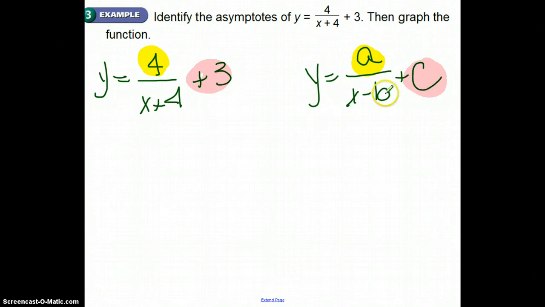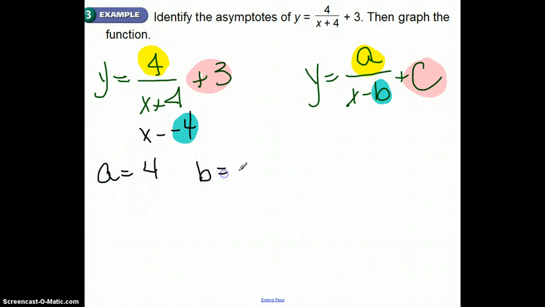B is kind of an issue for us because it's supposed to be x minus b, and this isn't x minus b. The only way that plus sign could have happened there is if it had been this to begin with, which means that b is going to have to be negative 4. So A is 4, B is negative 4, and C is 3.